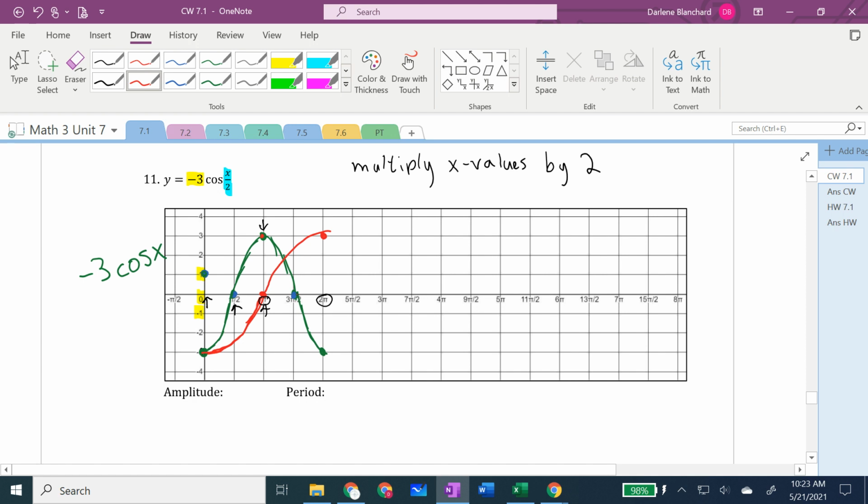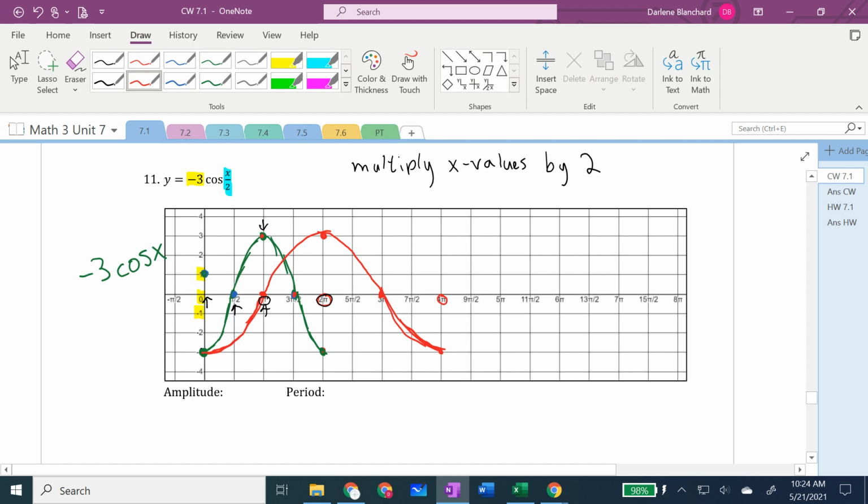Then 3 pi over 2 multiplied by 2 gives me 3 pi. So this point is stretched out to here. And then 2 pi multiplied by 2 takes me out to 4 pi. So this point gets stretched all the way out to here. And this would be one cycle of my new graph.